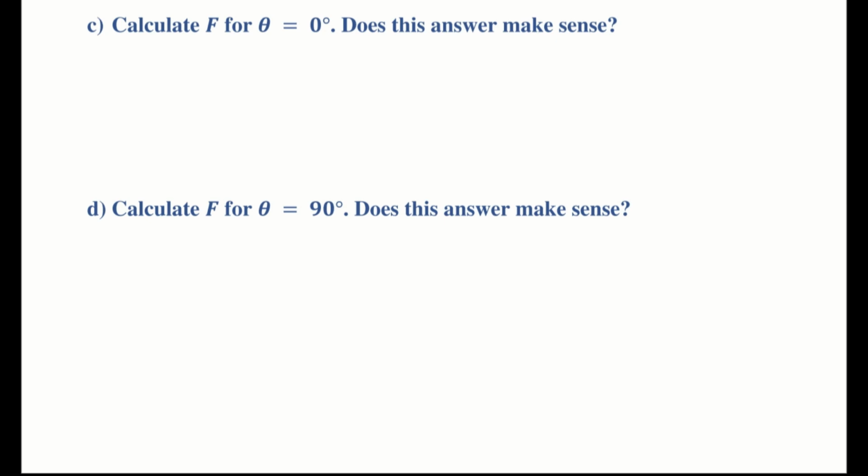So for the first part, 0 degrees, we know that the force F is given by W sine theta. So we're going to use the weight of the car, which was 3,000 pounds, times the sine of 0 degrees.